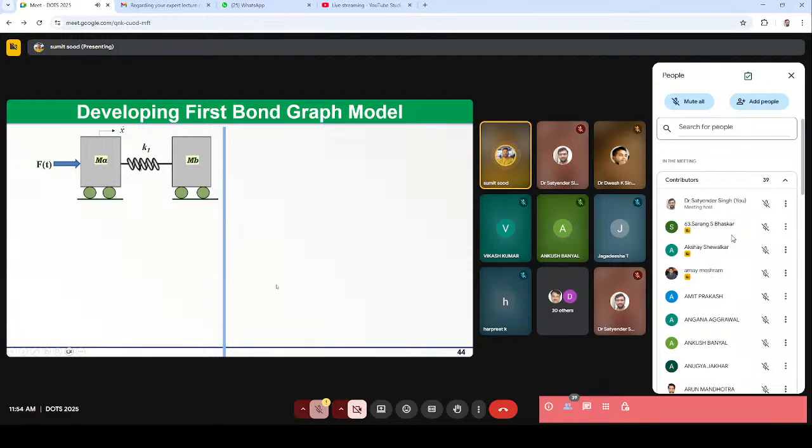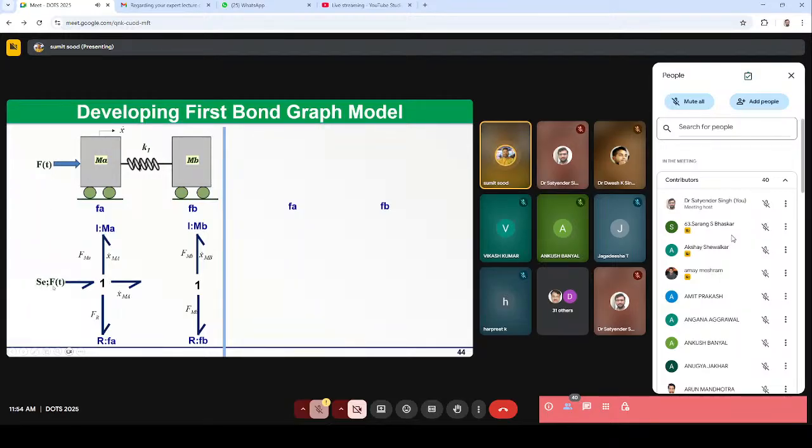So let's see how we can develop the bond graph for these systems. We start with the simple spring mass damper system. Like I mentioned, you have to see what the different velocities are. So here there are two masses, and the two masses can move with different velocities. So we will mark them with one junctions, and then the parts having the same velocity we can connect like this.